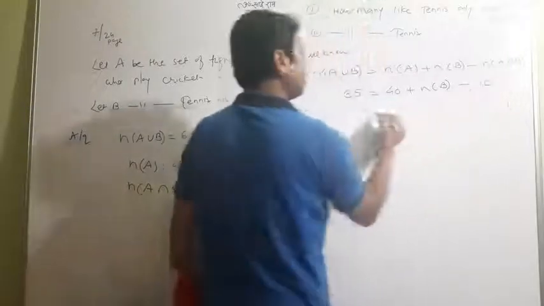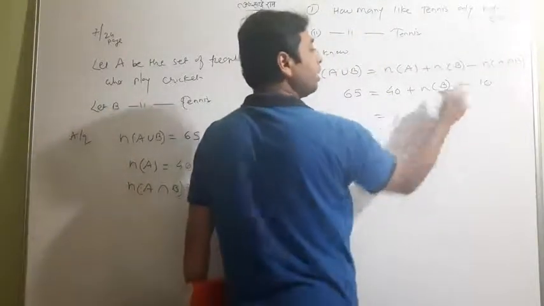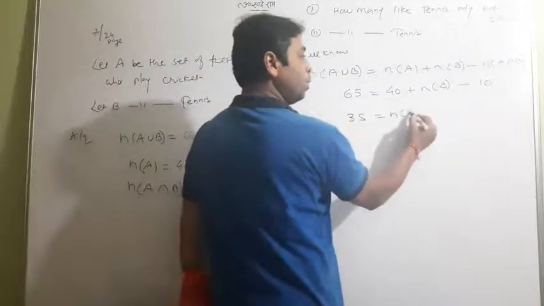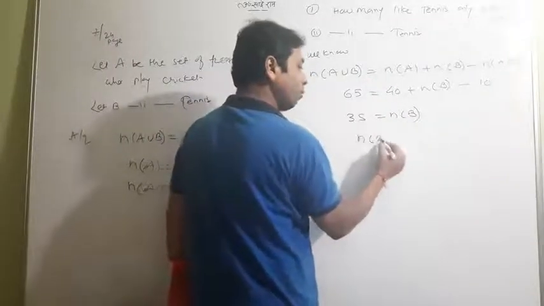So quick, tell me the answer. 40 and 10 is 50. 65 minus 30 transfers that side, 35. So N of B is equal to 35.